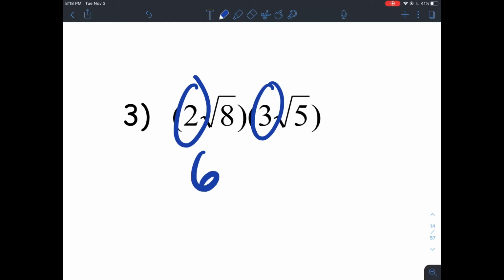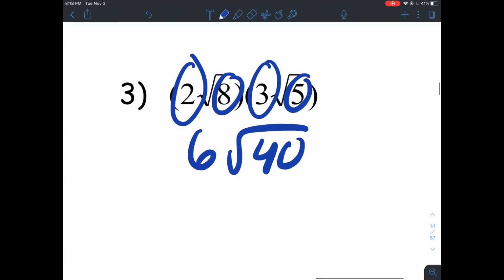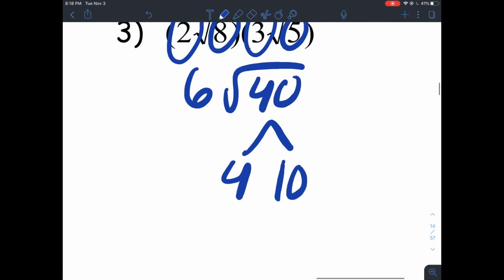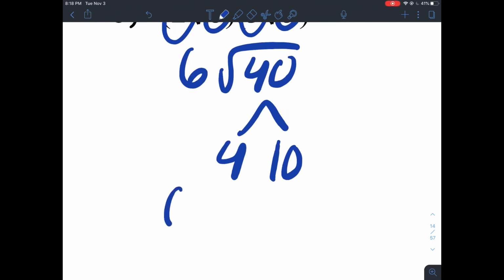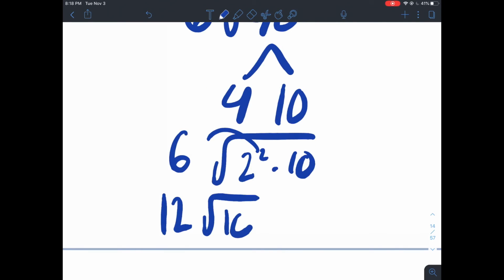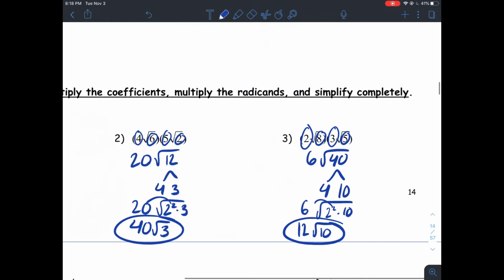We get 2 times 3, which gives us 6. 8 times 5, which is going to give us 40. Then we can break that down into 4 and 10. So we got 6 root of 2 squared times 10. We can bring our 2 out, and we get 12 root 10. And that would be our answer there.